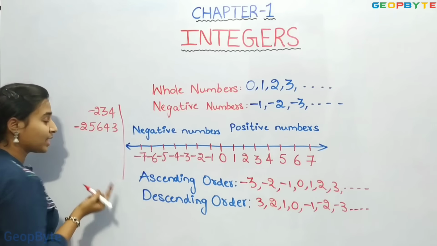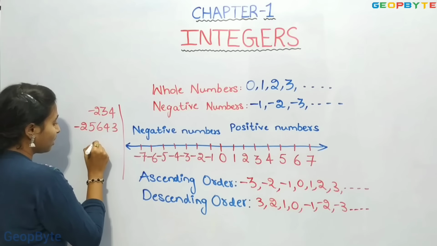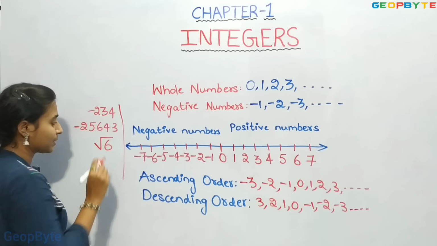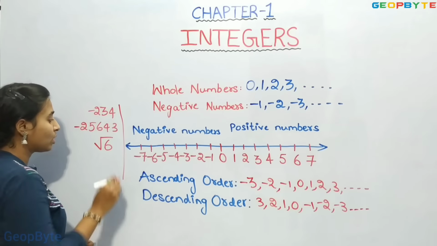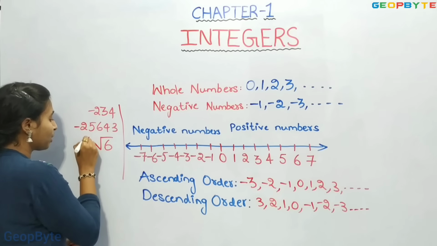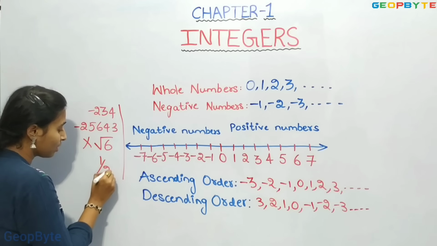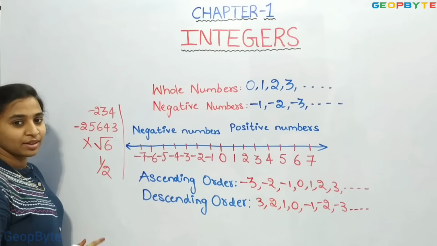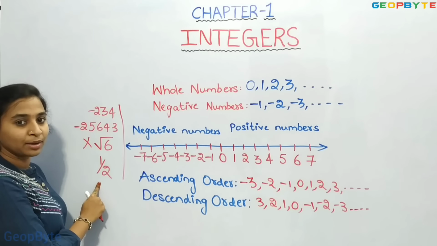Now, let us see different cases. If we take root 6, is this an integer? No, because under roots cannot become integers. And fraction 1 by 2. This also will not become an integer.